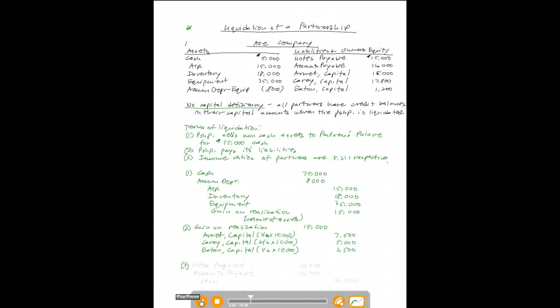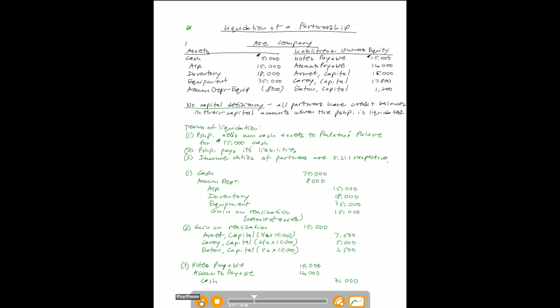Okay, now the third thing is the partnership pays its liabilities. So they have a note payable and accounts payable. So we're going to debit notes payable for $15,000 and debit accounts payable for $16,000, and cash is credited for $31,000.